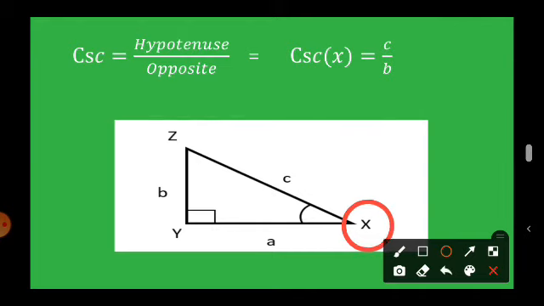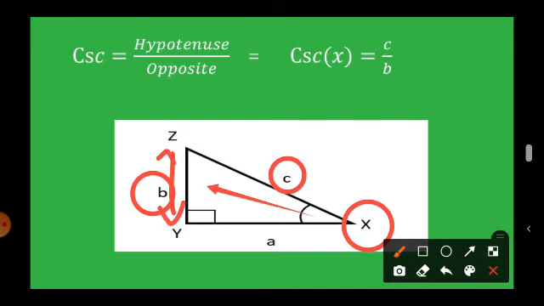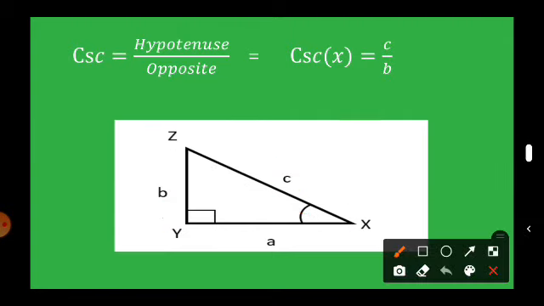C is the hypotenuse, and since the opposite side is opposite to our angle, our opposite side is the side B. So therefore, our function cosecant of x is equal to C over B, derived from hypotenuse over opposite.